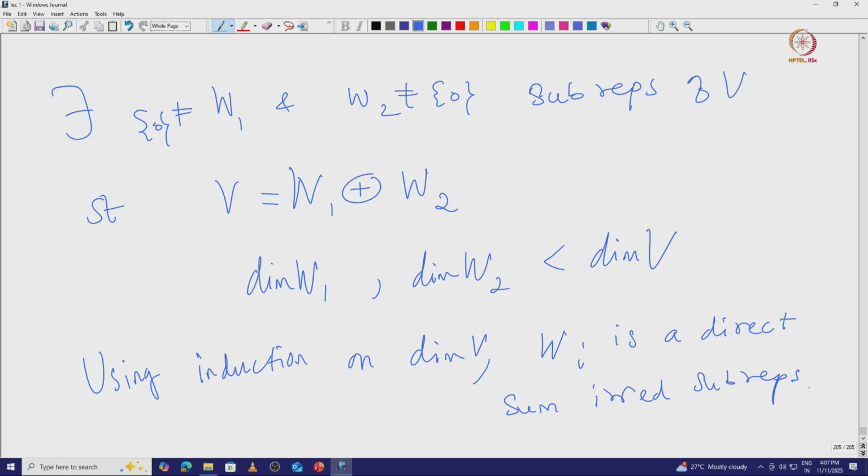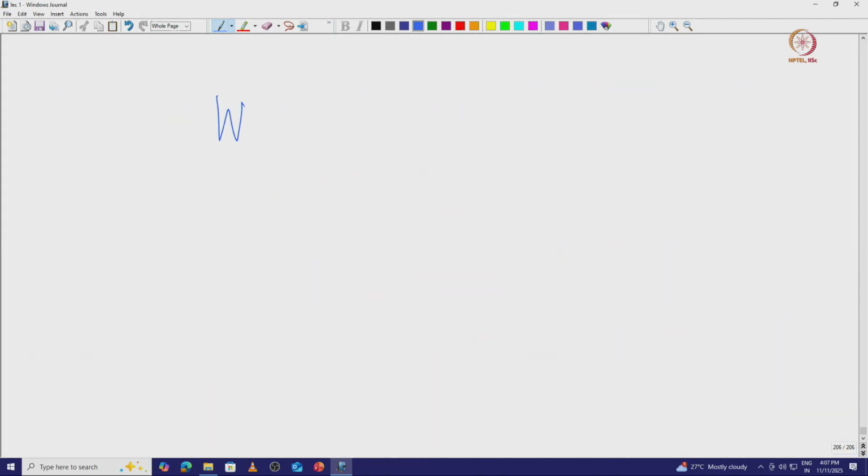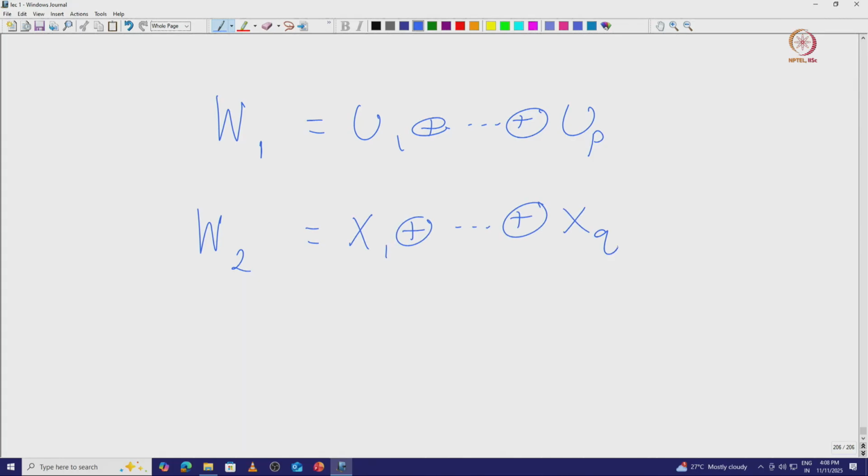Now, an irreducible sub-representation of Wi must be an irreducible sub-representation of V. If you collect them all together, write for example W1 as U1 direct sum etc., direct sum UP, and W2 as X1 direct sum etc., direct sum XQ, all these Ui and Xj are irreducible.